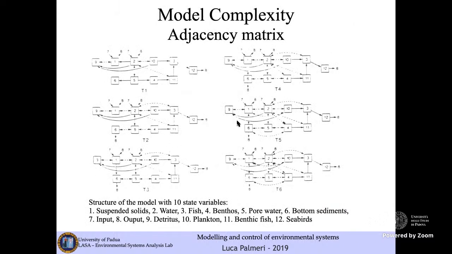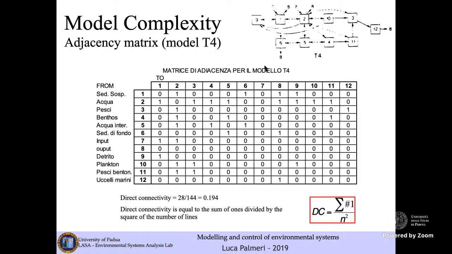T1, T2, T3, T4, so this model up here. For model T4, for example, we have an interaction between state variable 11 and state variable 3. So if you look at state variable 11 and state variable 3 here, we have a 1.